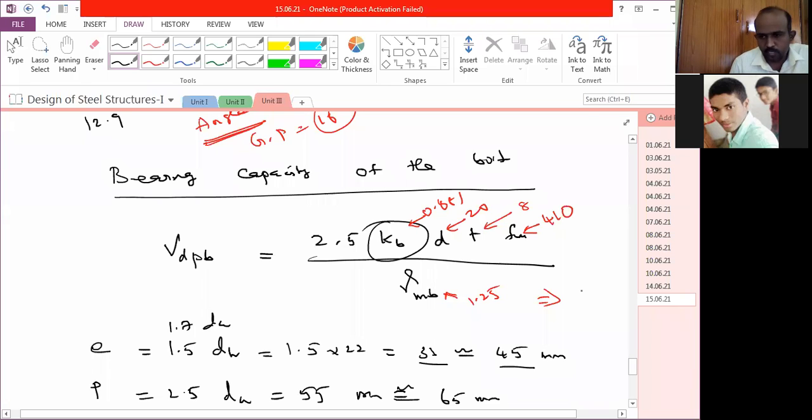Very good. 89.3 kilonewton. Okay. So bearing capacity is 89.3.